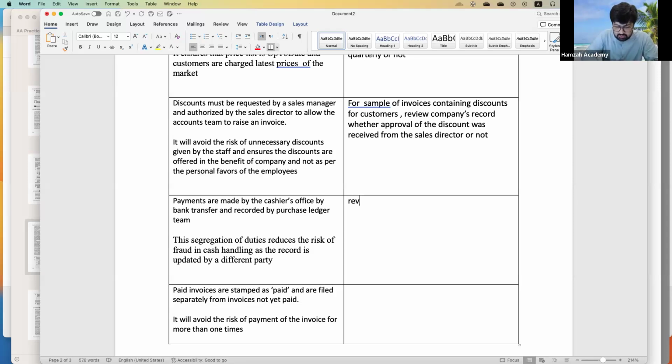Review organizational chart of the company to verify the segregation of duties among cashier office and purchase ledger team.